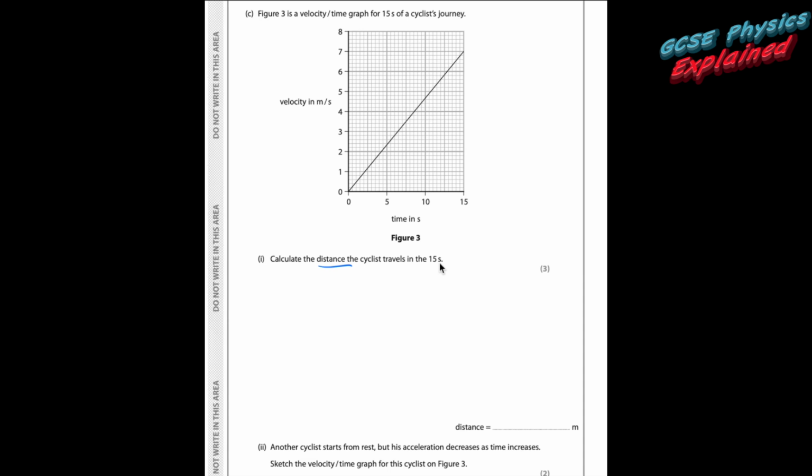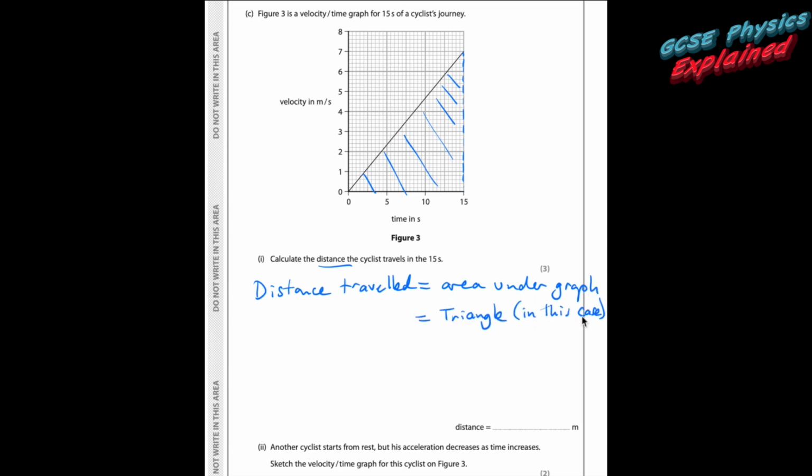And they want it for 15 seconds, so that is the full area under the graph. So we basically need to calculate that. Now that's a triangle in this case. Now it's not always a triangle, but here it is.